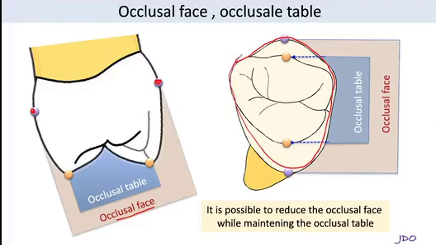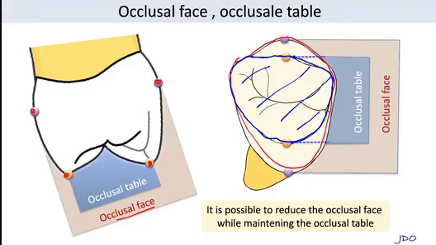Into the occlusal face, between the cusps, you have the occlusal table. Occlusal table is defined by the crest line, peripheral crest line here. It is the occlusal table here.